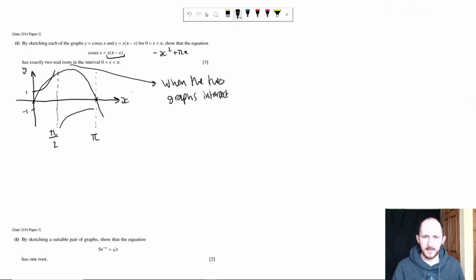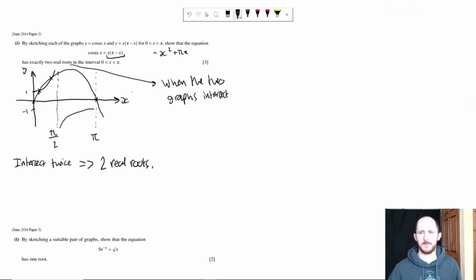Okay, so that is here and here. So they intersect twice. Therefore, 2 real roots.